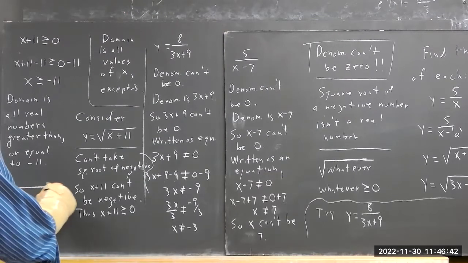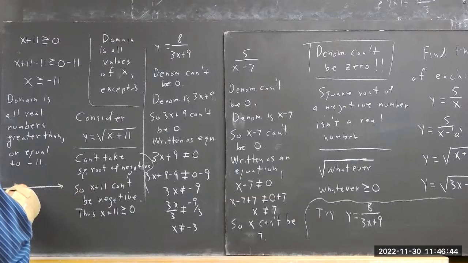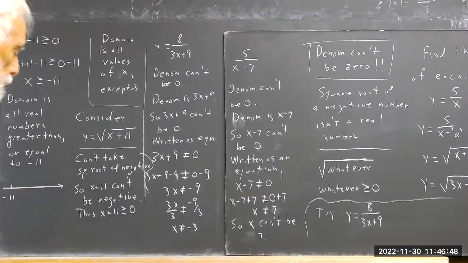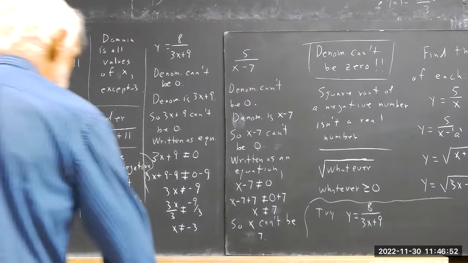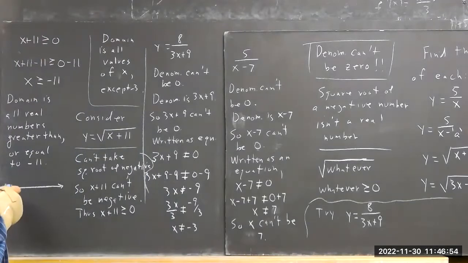And I'm going to do a picture of that. Here's -11 on the number line. x can be -11. So I'm going to put a big dot here, to show that -11 is included.